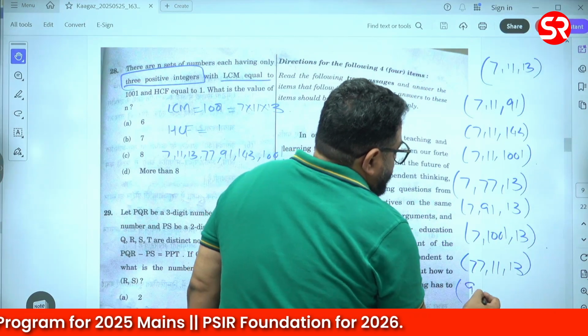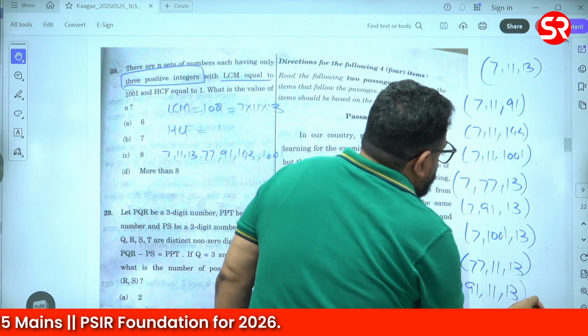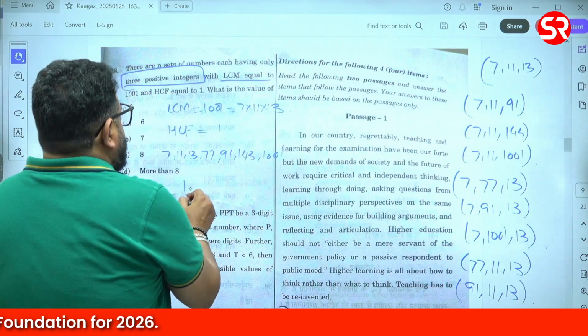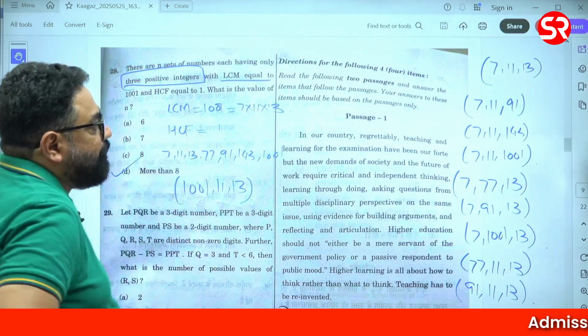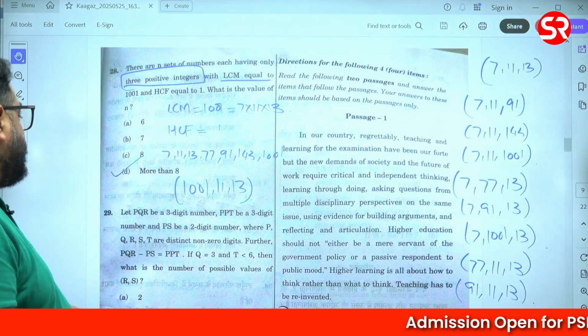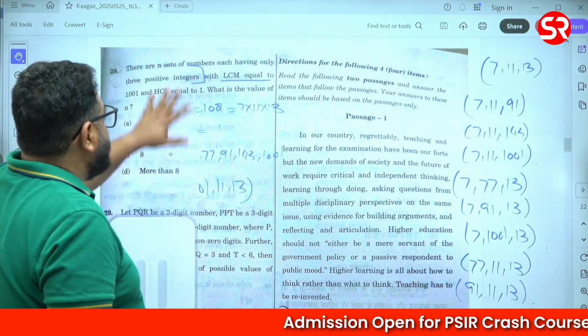And 91, 11, 13 and 1001, 11, 13, so more than 8 चल रहा है भाई, a lot of numbers are there, right?